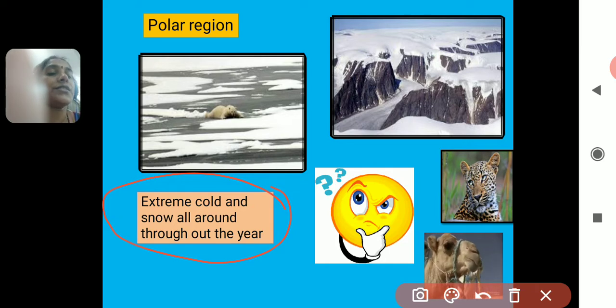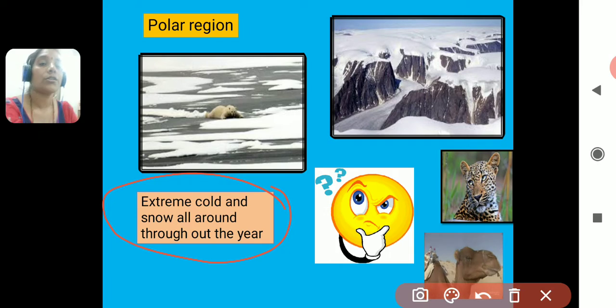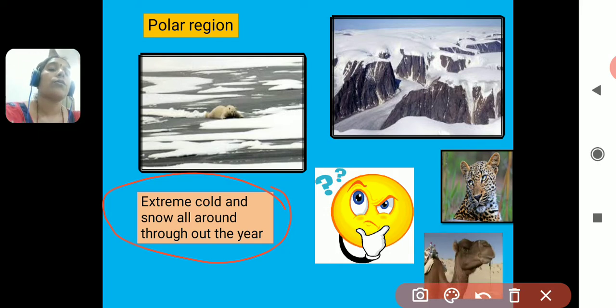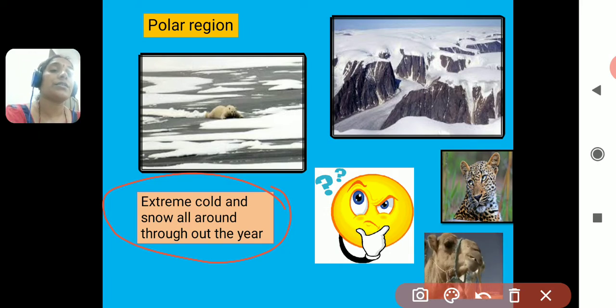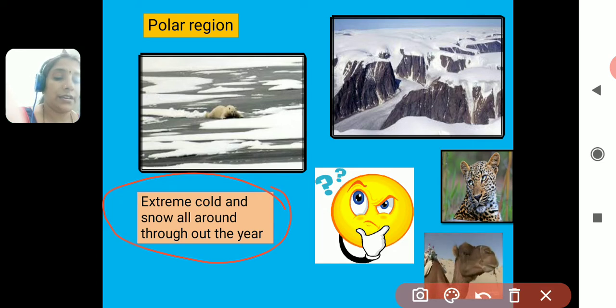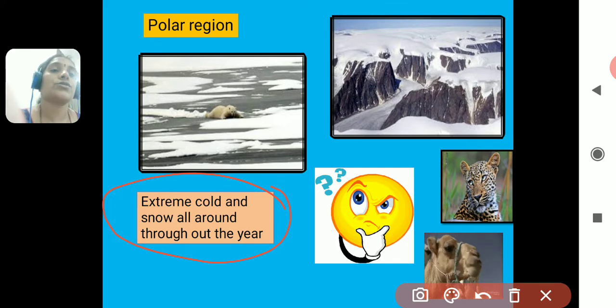We can go to the polar region for a short time, but it is not possible to survive for a longer period, because students, the temperature keeps decreasing.